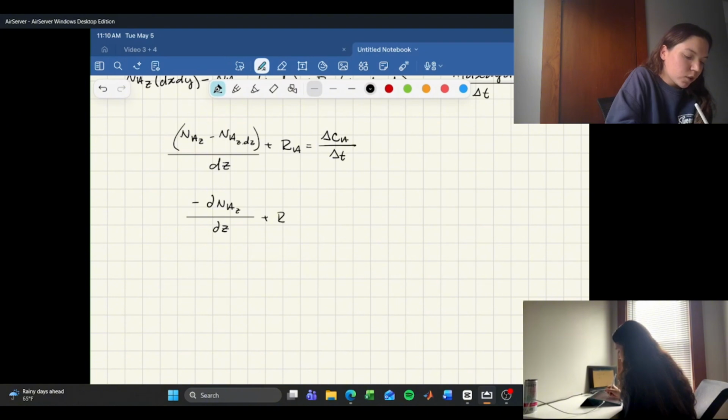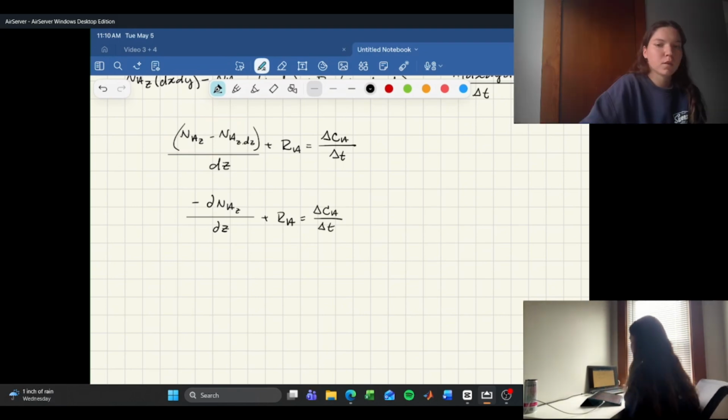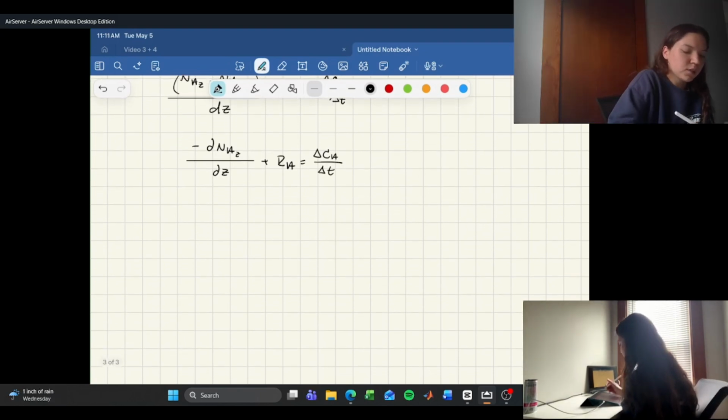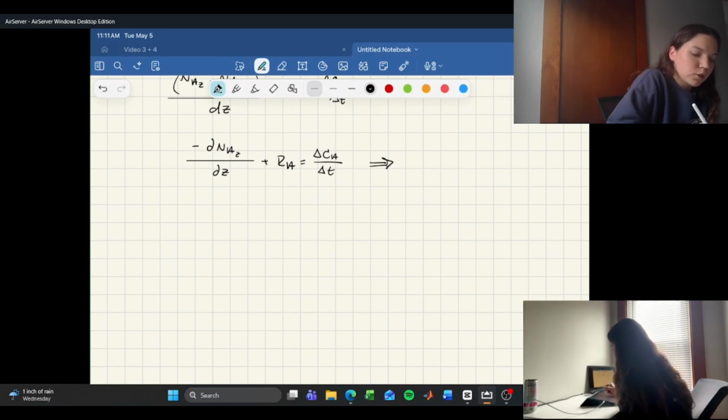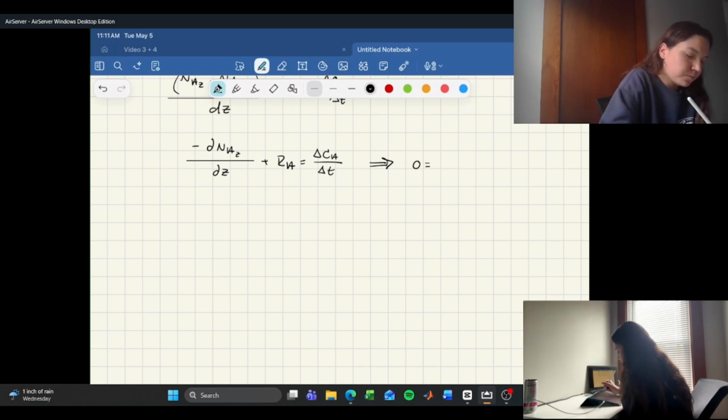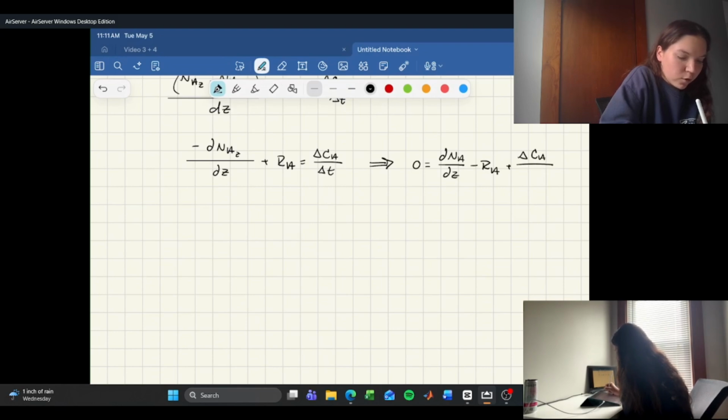Plus the rate of accumulation is still equal to the change in concentration of A over the change in time. And then if we bring all this to the same side, we get that 0 is equal to the change in molar flux over the change in position minus the rate of accumulation plus the change in the concentration of A over the change in time.